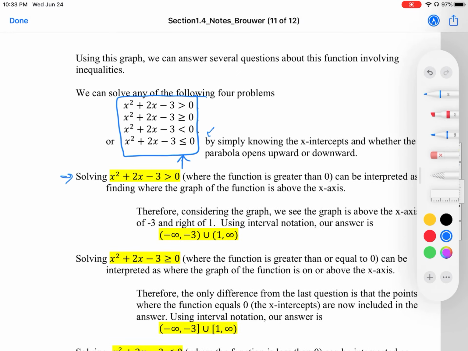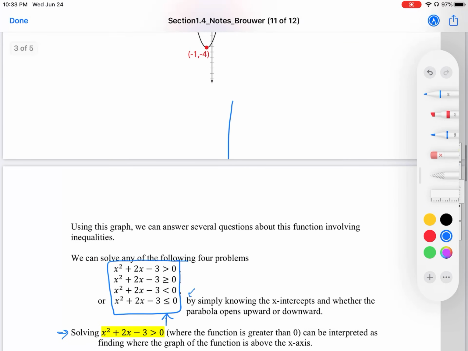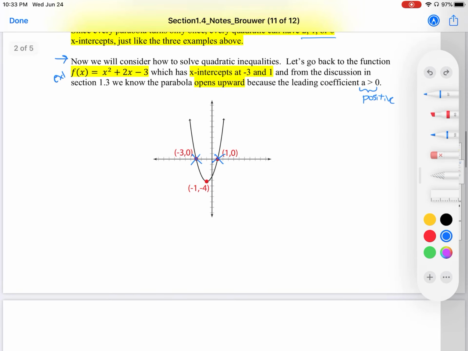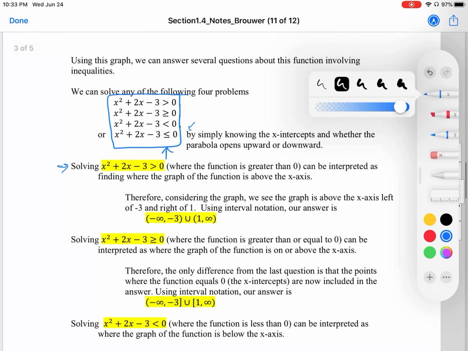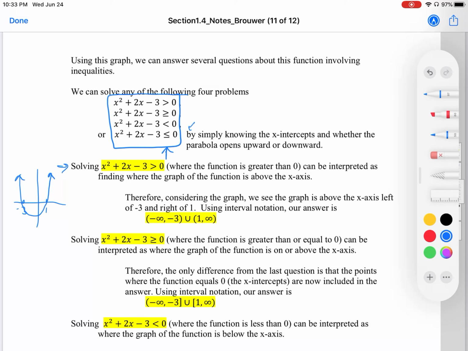So we have our intercepts, negative 3 and 1. The part I want to highlight is we're finding where the graph of the function is above the x-axis. So we're particularly interested in these values here, the ones that are above. Those are the ones that are going to be part of our answer.